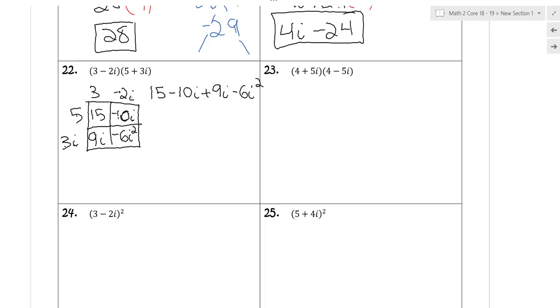So I just write down all four: 15 minus 10i plus 9i minus 6i squared. Just like our previous problems, I'm going to replace the i squared. So I have 15 minus 10i plus 9i minus 6 times negative 1.